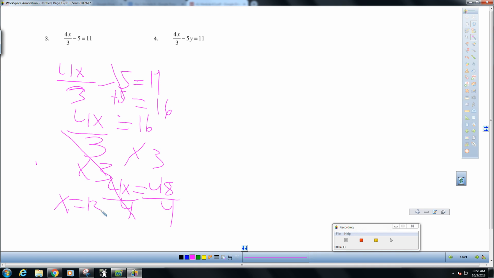Okay, so now we're going to do this one again. So 4x divided by 3 minus 5y equals 11. First step, we need to get the negative 5y over on the other side. So we are adding 5y this time. That cancels.